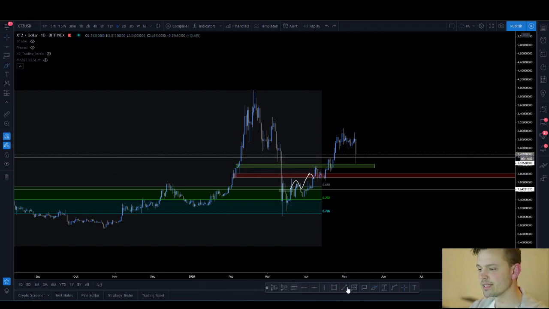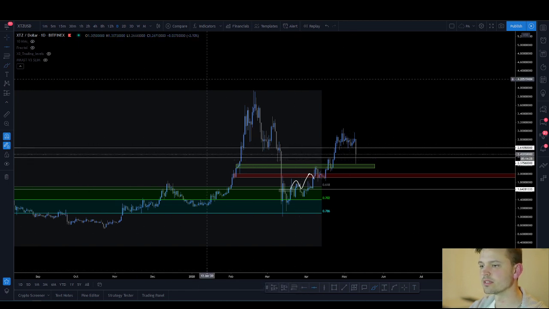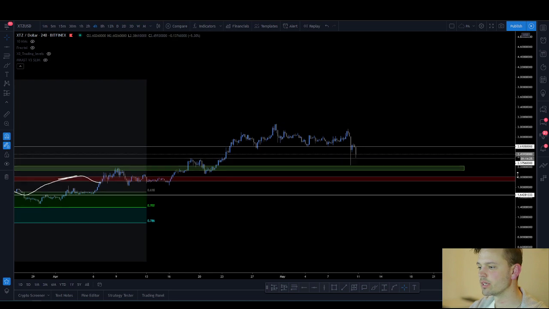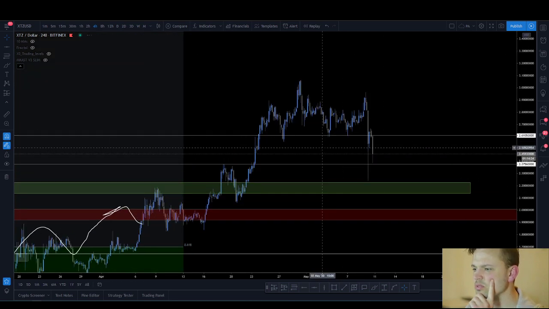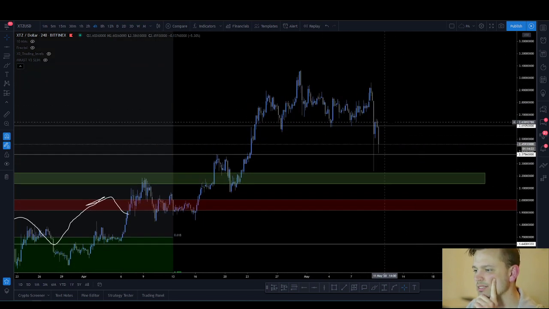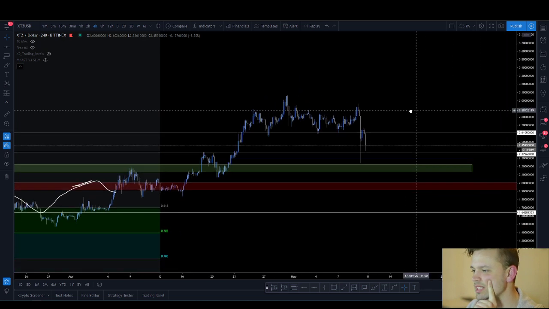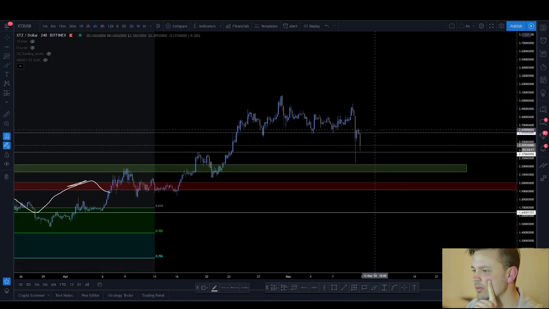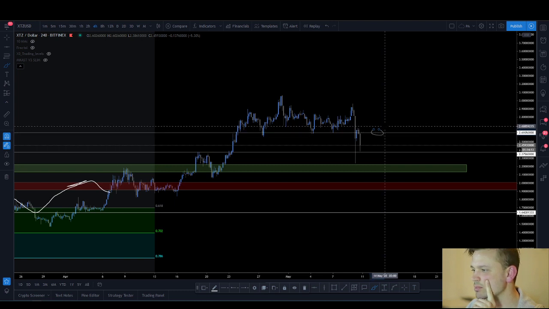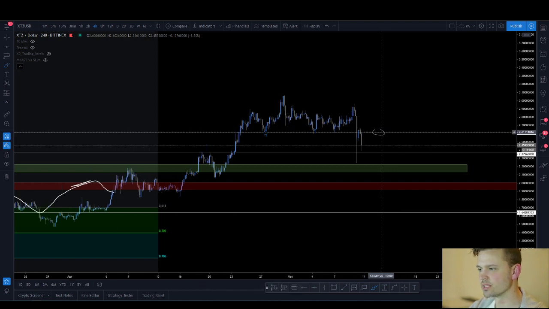And I think the next resistance above is this area here, right? And we had the first retest. I mean, this looks exactly like Bitcoin, right? So we need to reclaim the, let's say, 2.6 to 2.7 area for Tezos to be bullish.